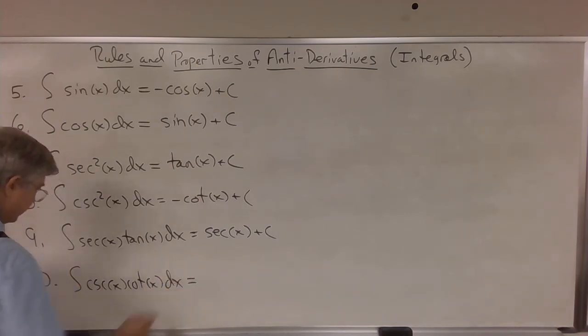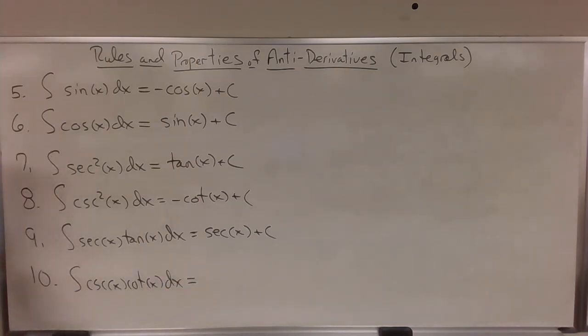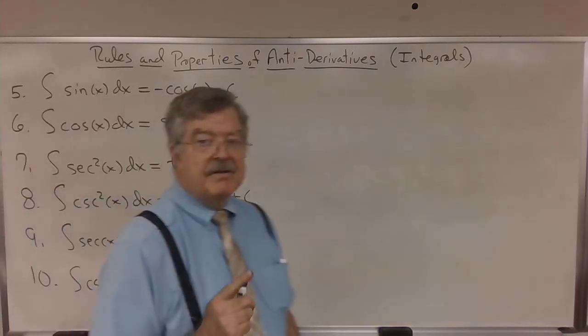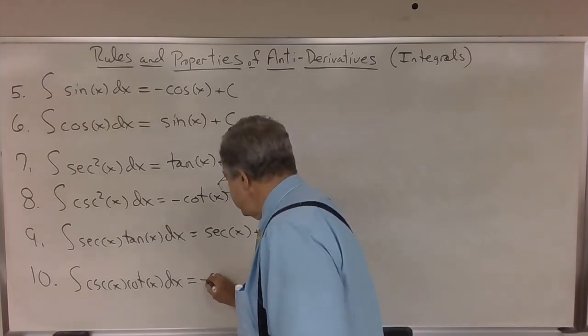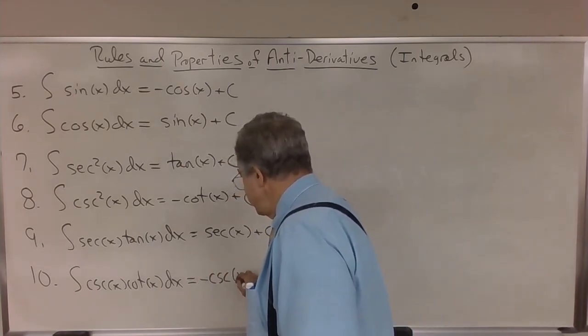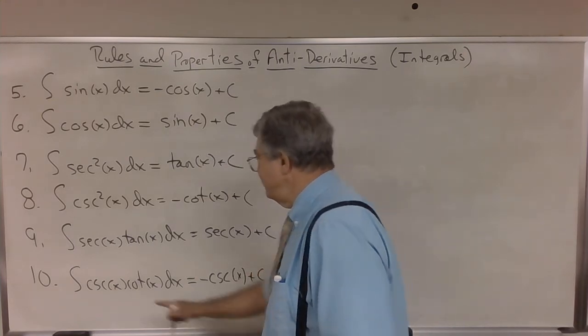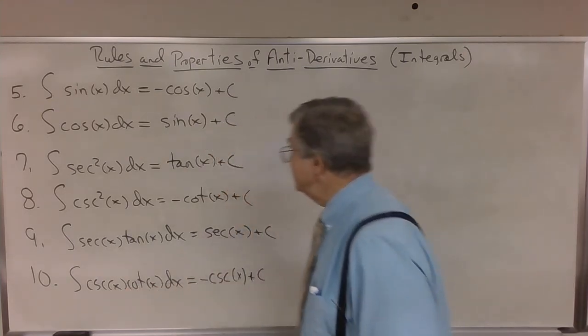If the derivative of cosecant x is negative cosecant x cotangent x, what would we have to compute the derivative of to get positive cosecant x cotangent x? Wouldn't it be negative cosecant x? So negative cosecant x is the antiderivative of positive cosecant x cotangent x.